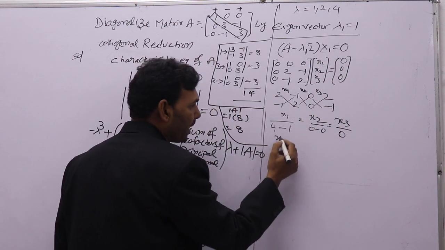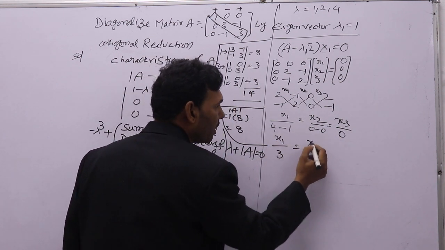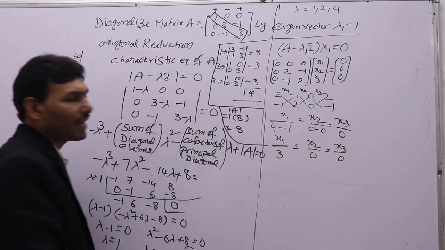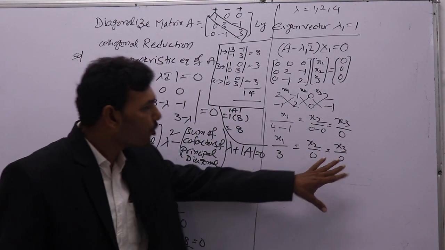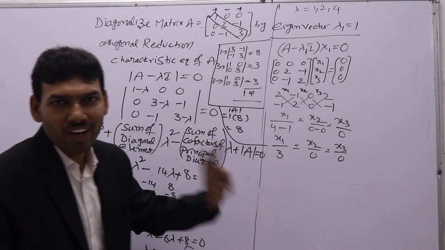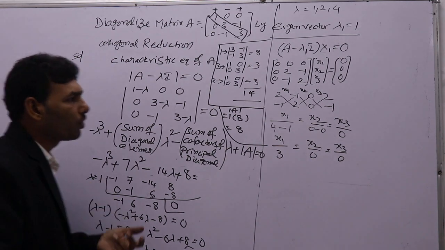So what you will get? 4 minus 1, 3, x2 by 0, x3 by 0. Like this you may get 2 zeros, but you should not get 3 zeros, because an eigenvector never can be a zero vector. You need to keep that in mind.